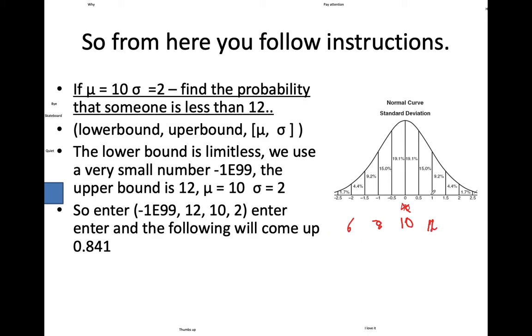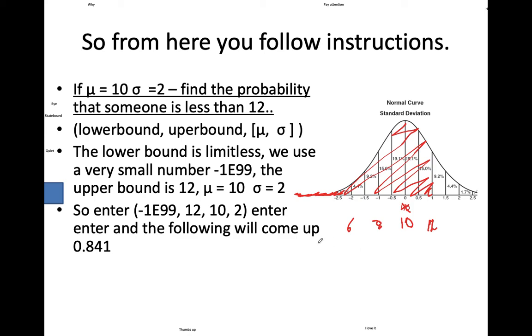We're going to say we want the probability that someone chosen is less than 12. So basically, we need to select everything in this part of the diagram. We know that the smallest value could be really, really small, and it doesn't necessarily need to be positive.